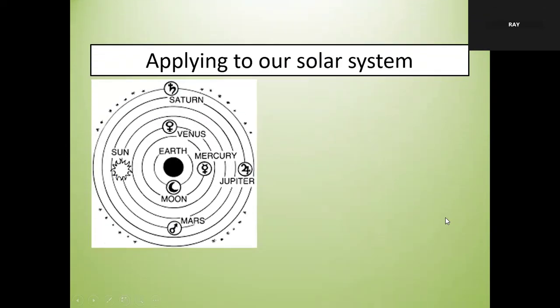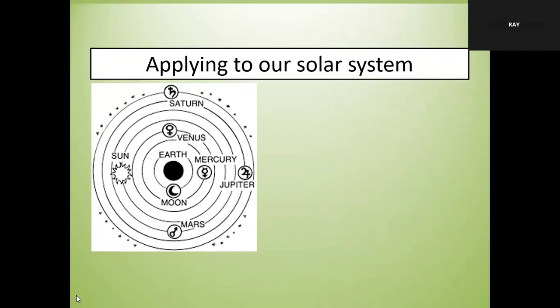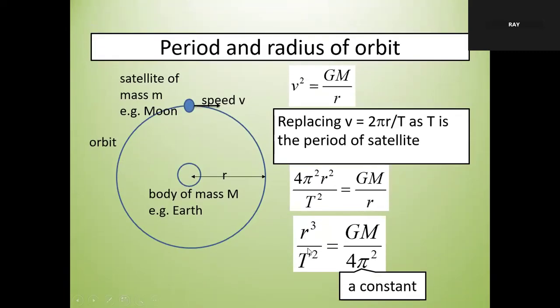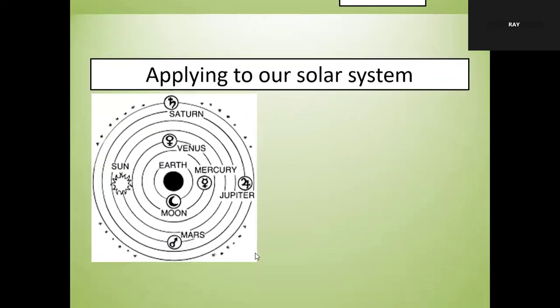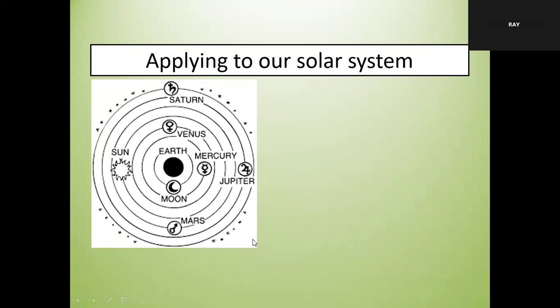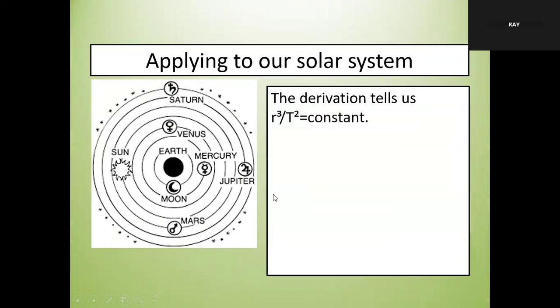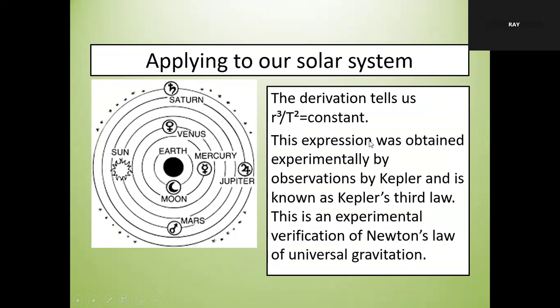Okay, so we can apply this equation that we have derived, r cubed over T squared, from Newton's universal law of gravitation. Now we can go and compare: is it true or not? The derivation tells us r cubed over T squared is a constant. This expression was obtained experimentally by Kepler.